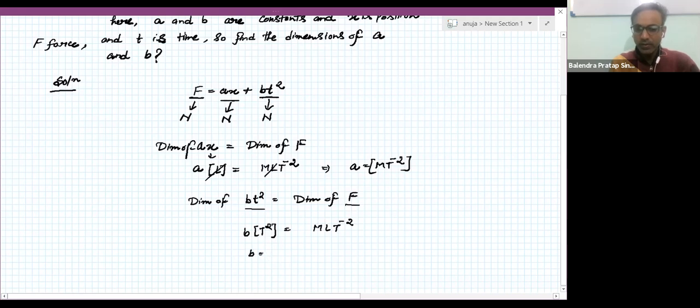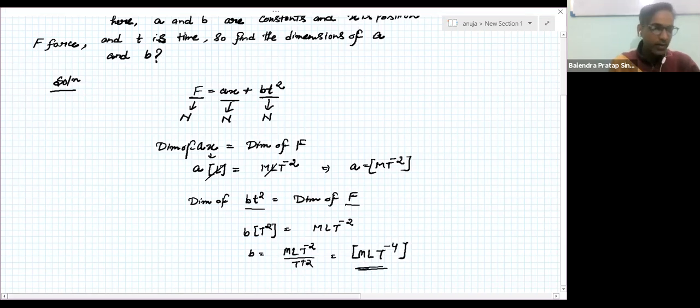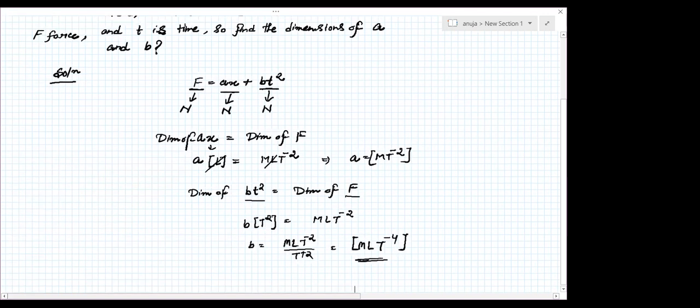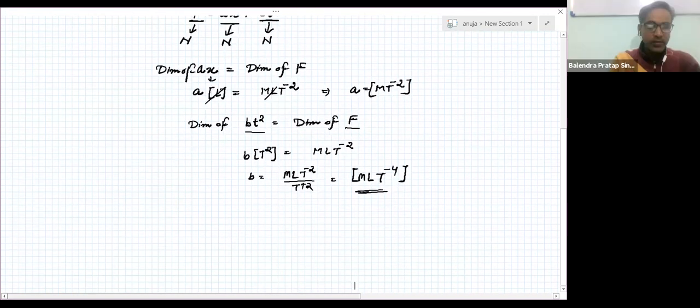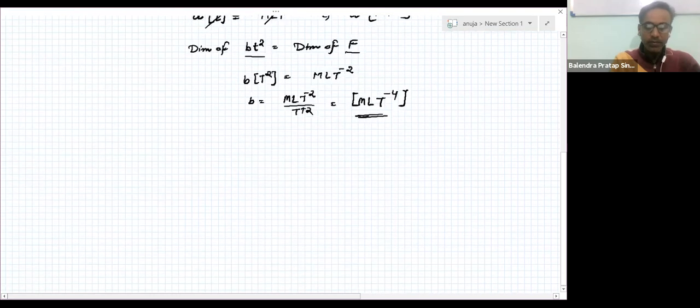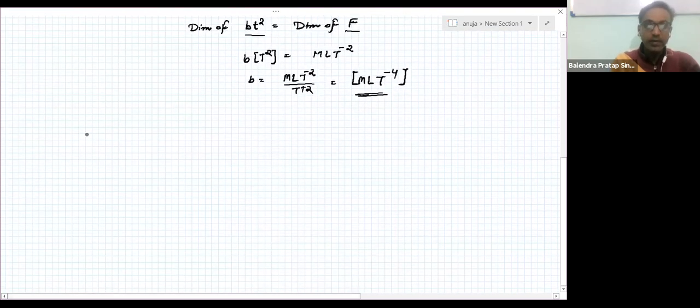So here B is equal to MLT minus 2 divided by T minus 2, so this is T plus 2, so this is T minus 4. Okay, I think you found a similar answer. Yes, sir, I got the same answer. So that's correct. Now let's do another problem using the same method.